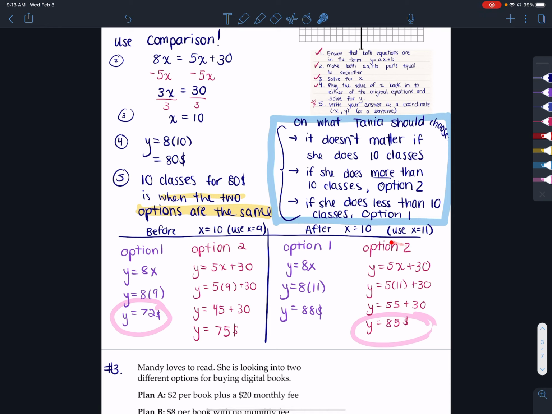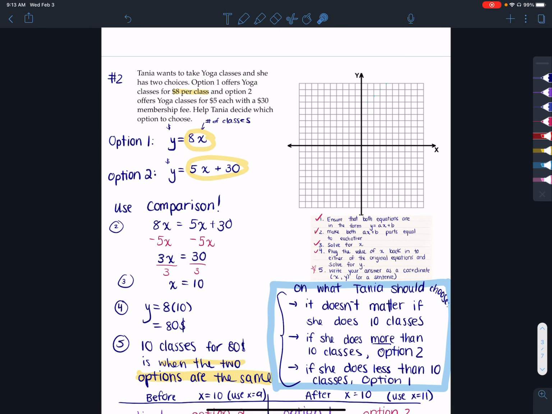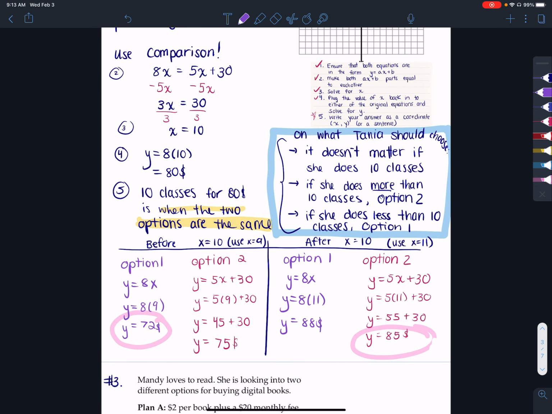So do you have to really do all of this work? Not really. You can really just do half of it, and whatever you get for before, the opposite will be true for after, because your lines will be crossing. So let's see, before option 1 is cheaper.